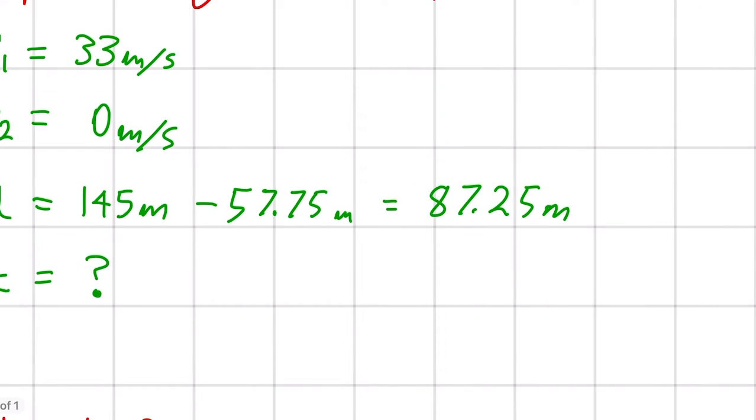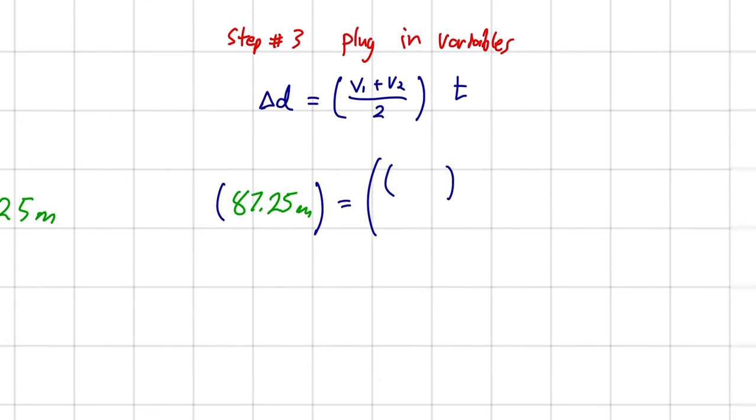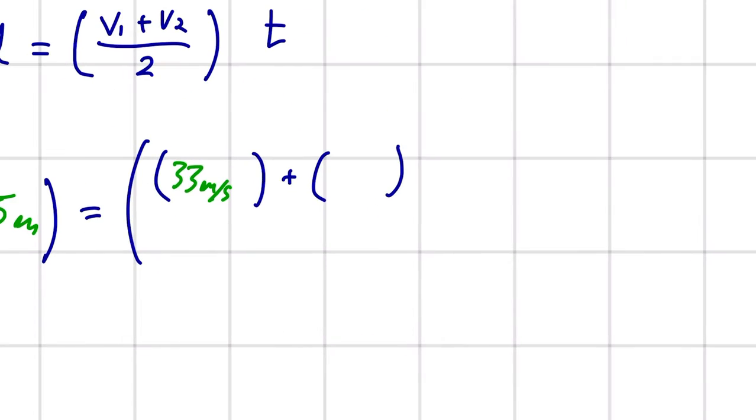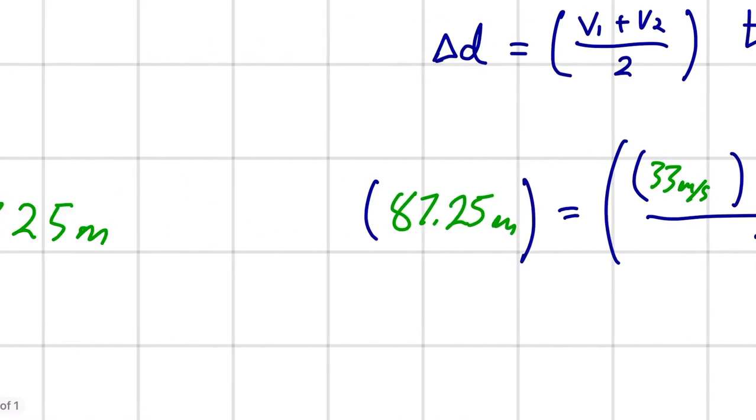Our V1 was 33 meters per second, plus our V2, remember, was 0 meters per second, all over 2, and multiplied by time.